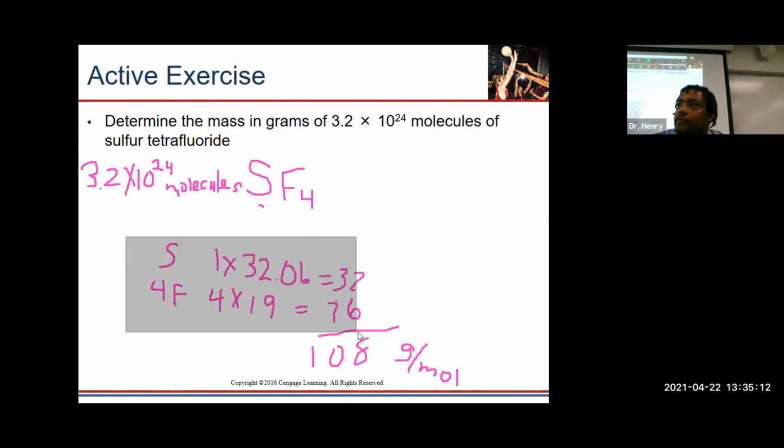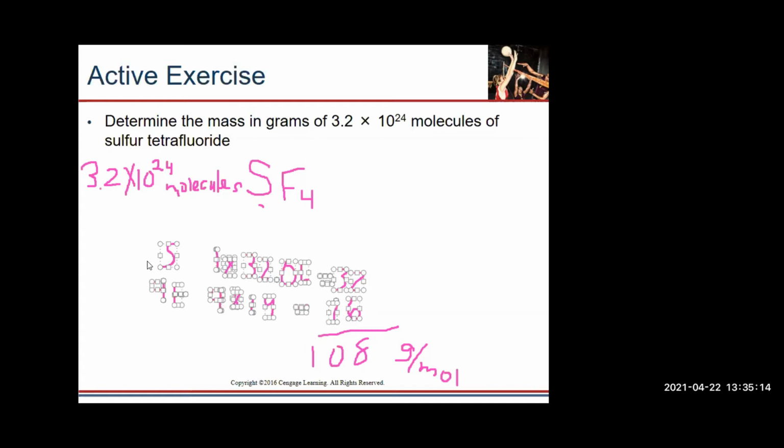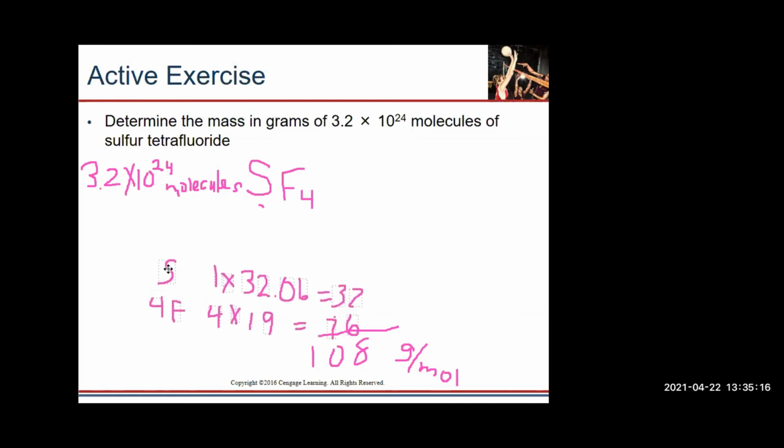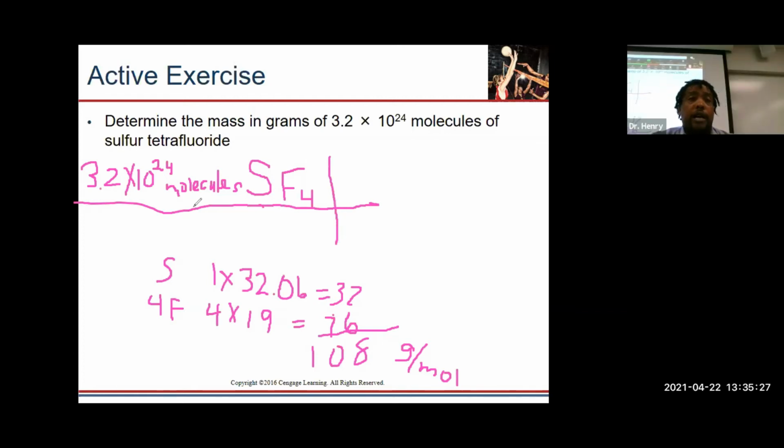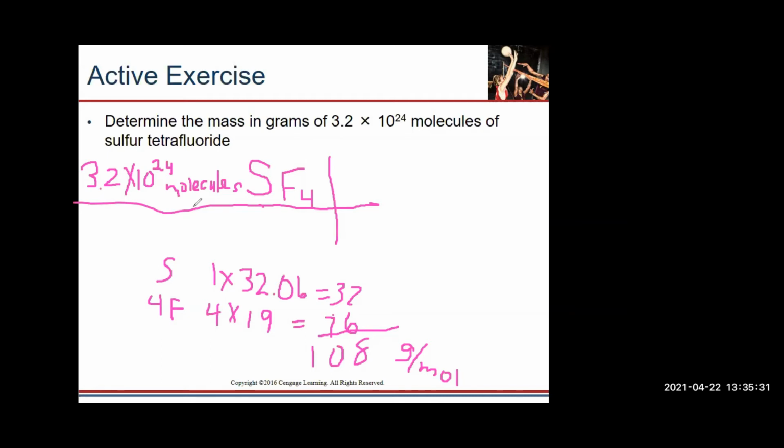Then you're going to put your moles on the bottom. I'm going to put my moles on the bottom, but I have molecules on top. Are moles and molecules exactly the same thing? You're going to put your molecules on the bottom. Oh, I'm going to put molecules on the bottom.